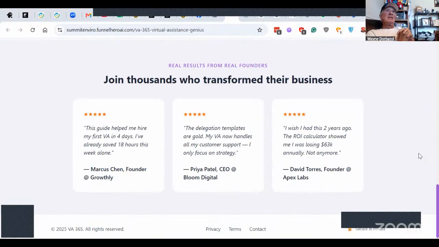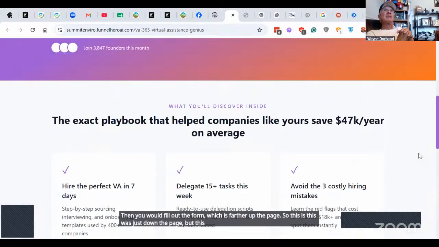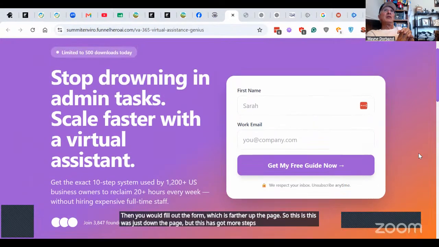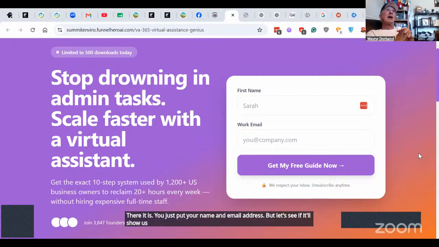And then you would fill out the form, which is farther up the page. So this was just down the page, but this has got more steps. There it is, you just put your name and email address. But let's see if it'll show us the next couple of steps. I think there's another here.